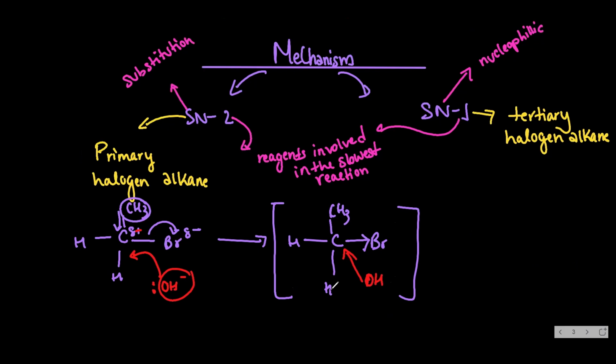The movement goes on until the nucleophile firmly attaches to the carbon and the bromine has been expelled as a Br minus ion. The nucleophile has substituted the bromine. Now, this is the transition state, and this is the slowest step.